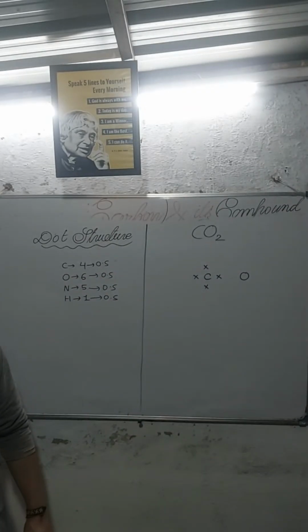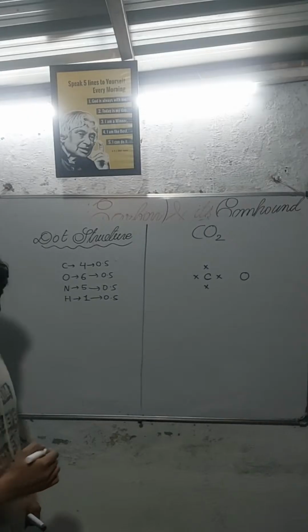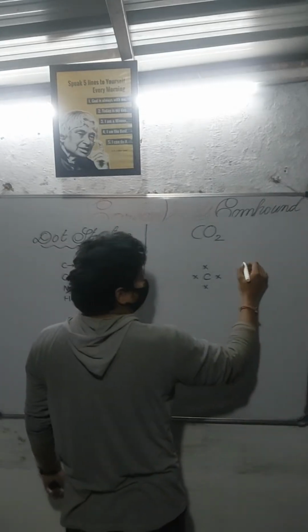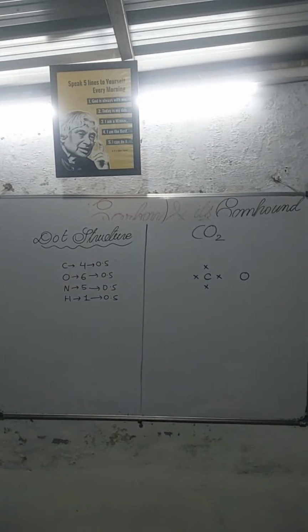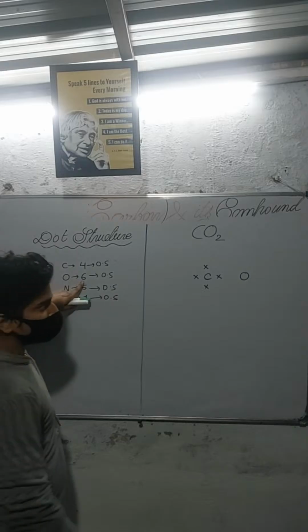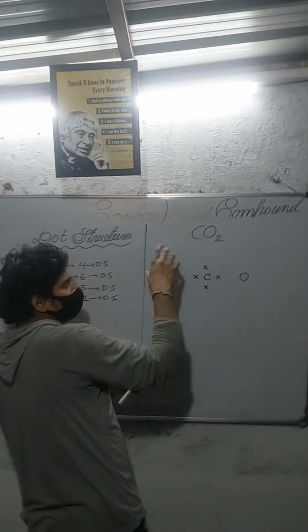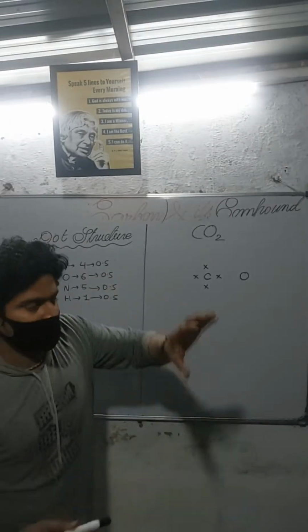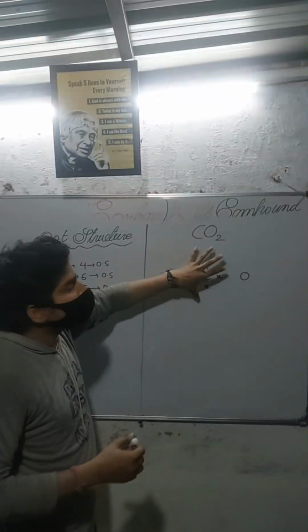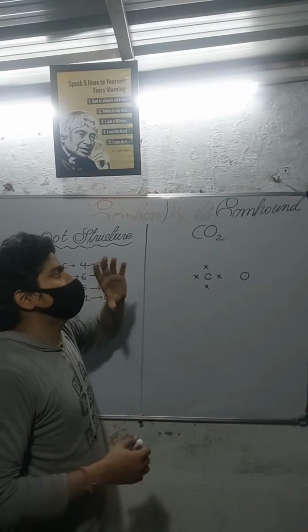See here, bacha. How many electrons does oxygen have? 6. So whatever is at the center, we can say it is the main atom.